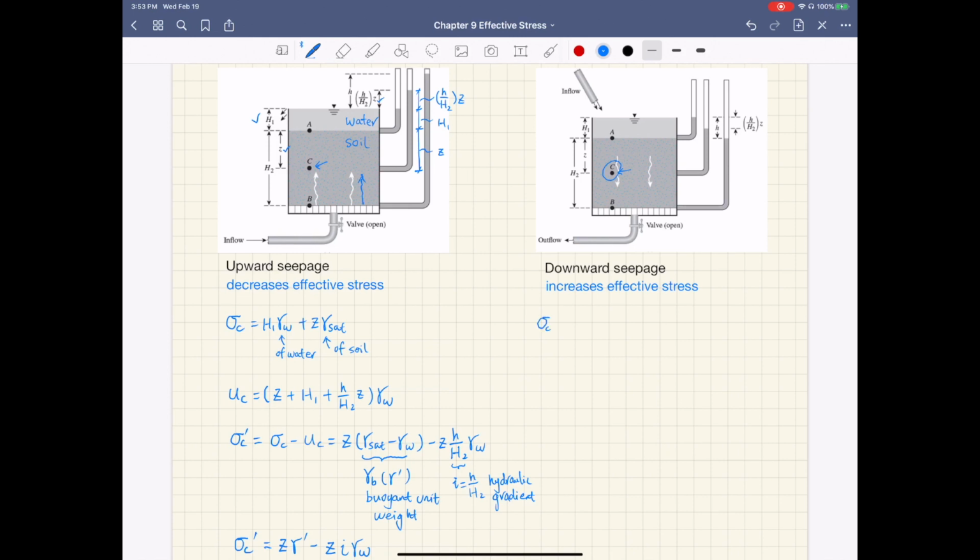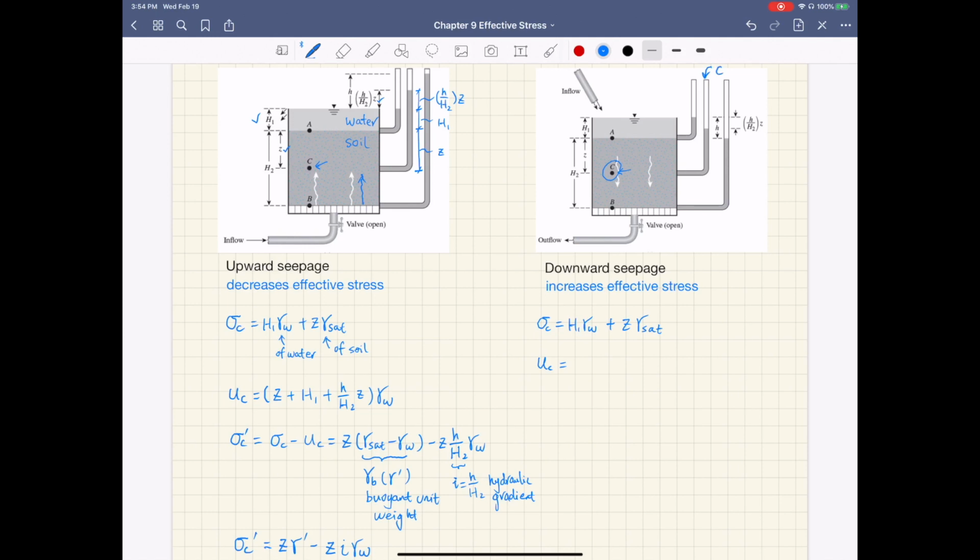So sigma C equals h1 gamma water plus z times gamma saturated. And then the pore water pressure at C for the downward seepage case, u C, again is the height of the water level inside the standpipe at point C.